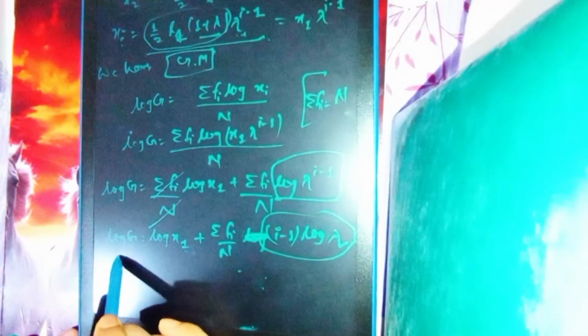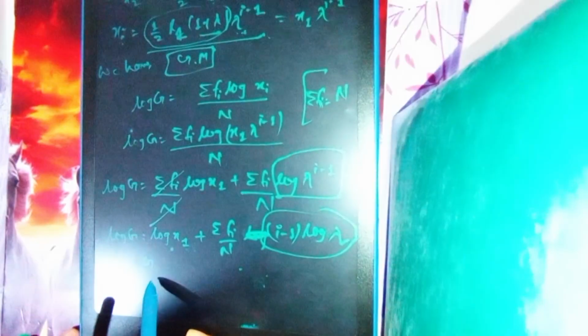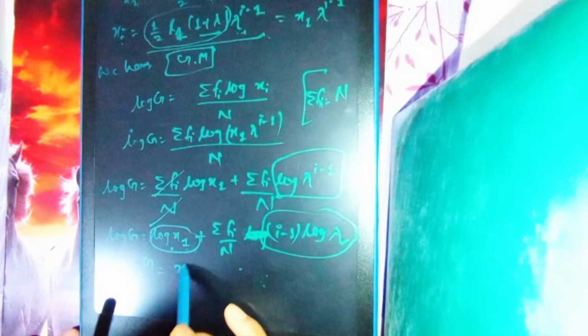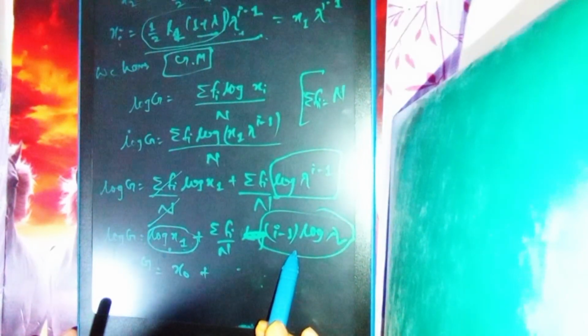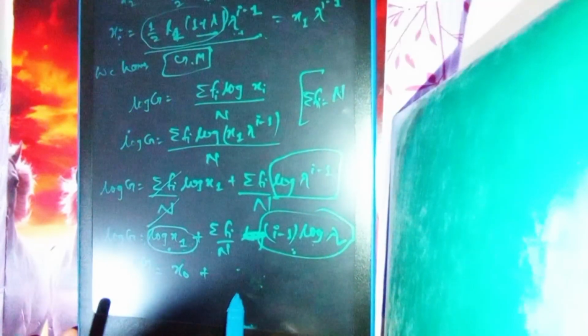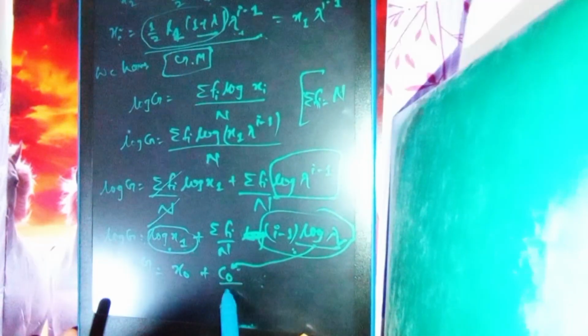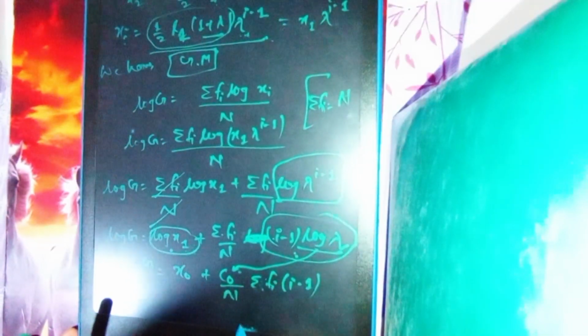So now log G and log x1, it will be log G is equal to, and we will let log x1 be x0, okay? And we will let only this term, log lambda, be c0. We will take log lambda as c0, so that will be c0 by n, and the remaining term summation fi I minus 1, okay?